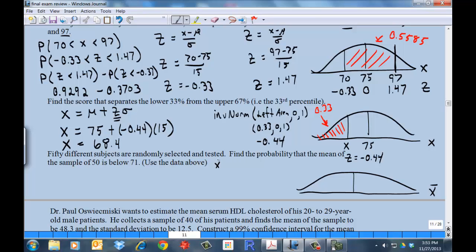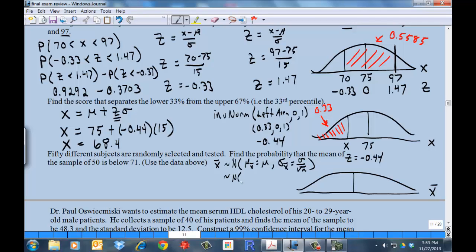And the distribution of x bar follows a normal, and the mean of all possible x bars is actually equal to the population mean, and the standard deviation of all possible samples of size 50 is equal to the population standard deviation divided by the square root of the sample size.